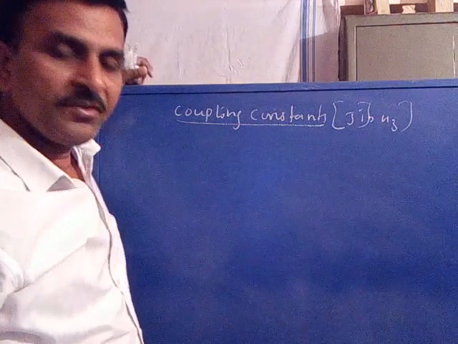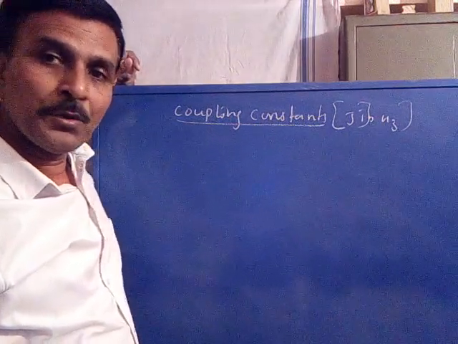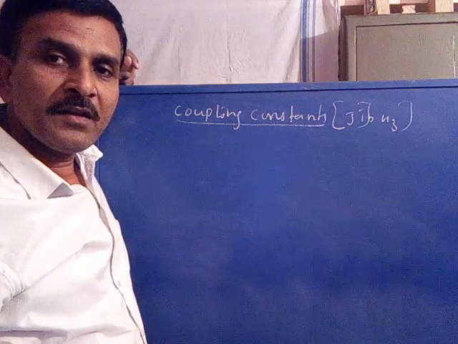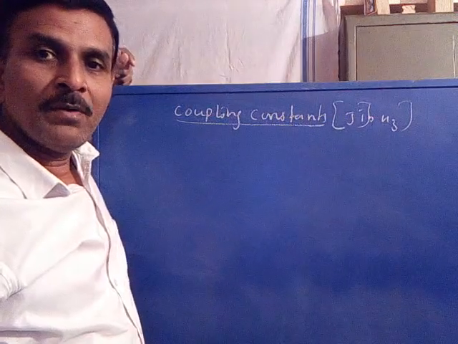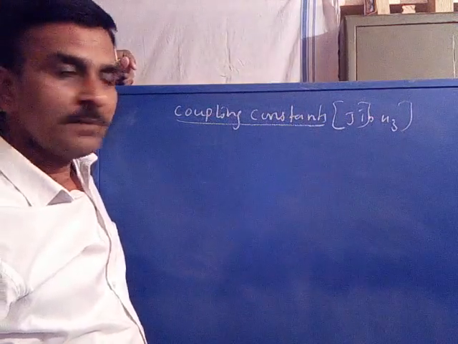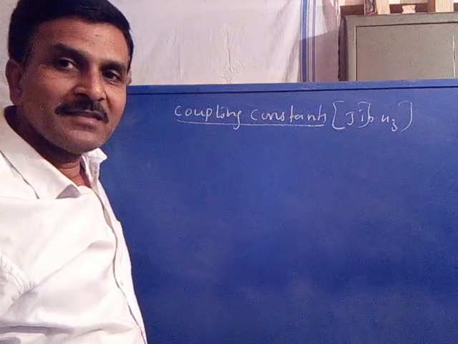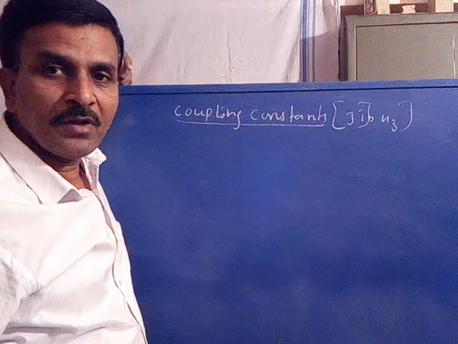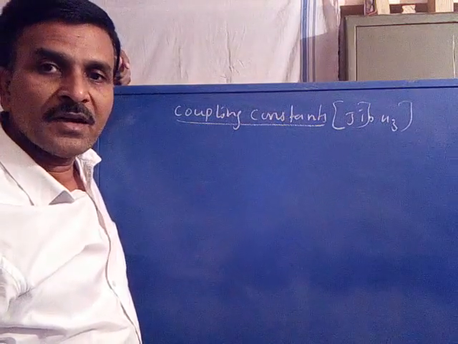So the coupling constant depends upon the extent of coupling interactions between the nuclei. If the nuclei are strongly coupled, the coupling constant is maximum. If the nuclei are less strongly coupled, the coupling constant is minimum. The coupling interactions and coupling mechanism we studied in our first semester, so there is no need to go for a detailed study of the coupling constant.